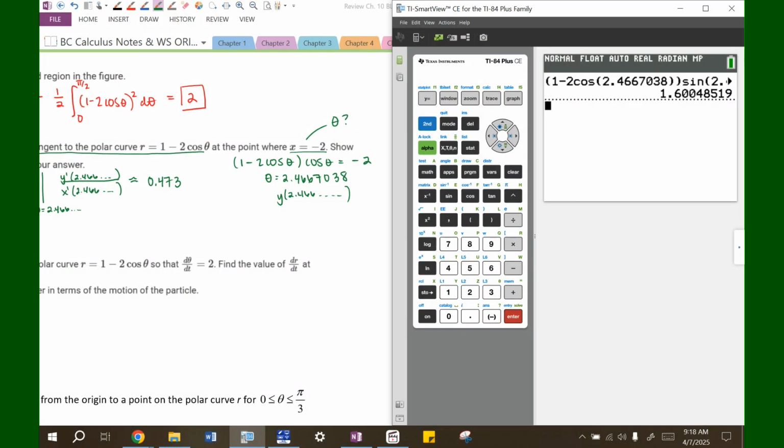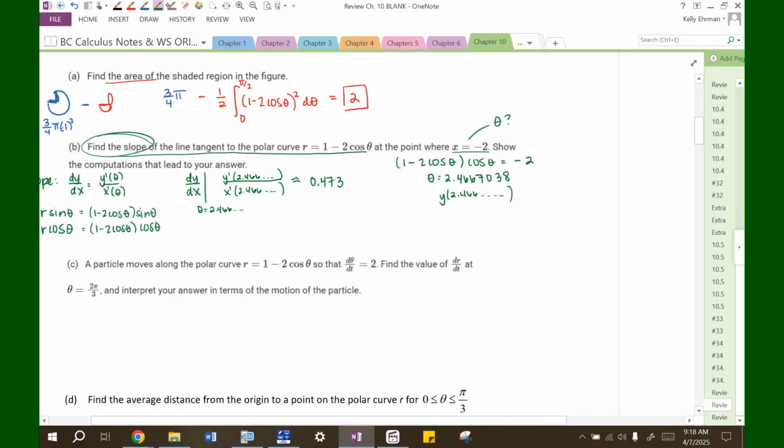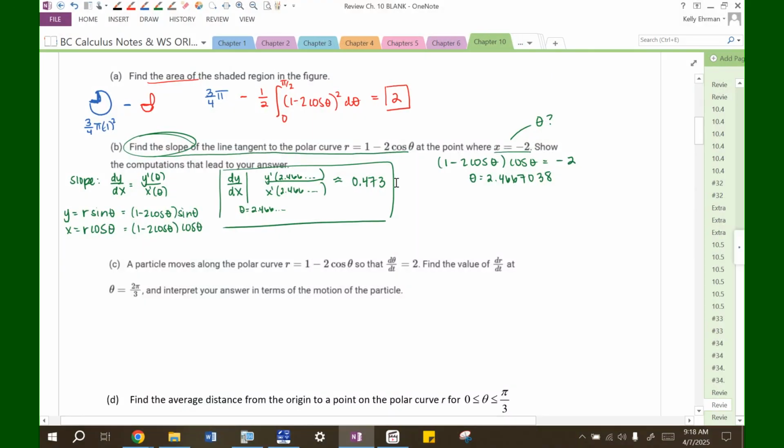Oh, I don't have to find the whole equation. Sorry. Find the slope. Don't find y of that. Okay, so what's the slope? It's right here. Ta-da. All right, that's much faster. I'm going to repost my key because that's much faster than doing it the other way.